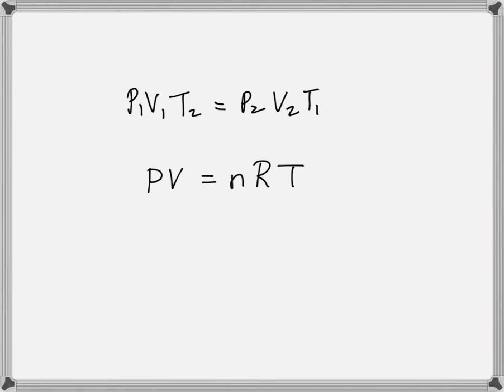Here's the number one major difference. N, which is our moles. At no point in the combined gas law is moles ever listed. If you have mass listed at any point within your problem, we know we can do a mass to mole conversion by setting up a grid.